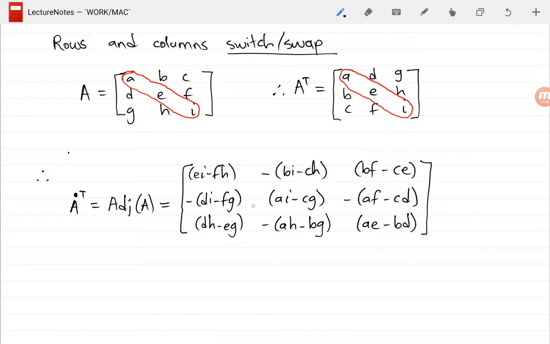So you can see the negatives are still in their right place. So this is very important for the adjoint. So in the next part, we're going to continue to find the determinant, and hopefully we're going to be finding in a shorter time the inverse of our matrix A, and then we can start doing some examples. Okay.